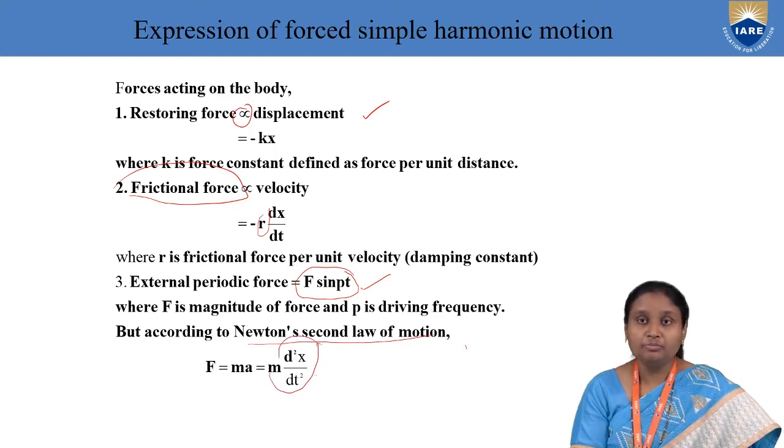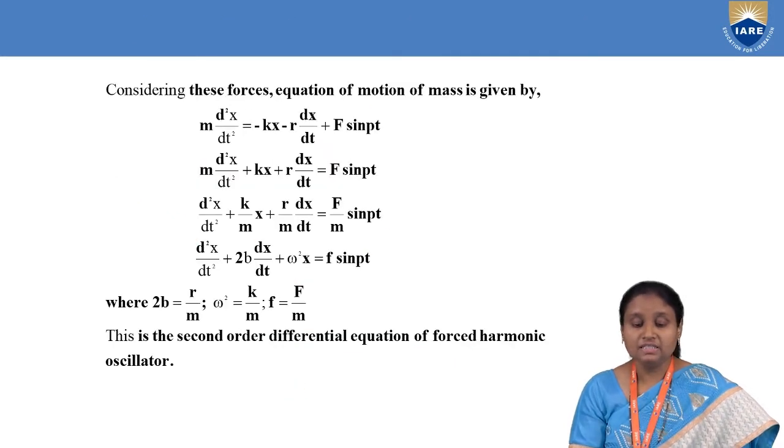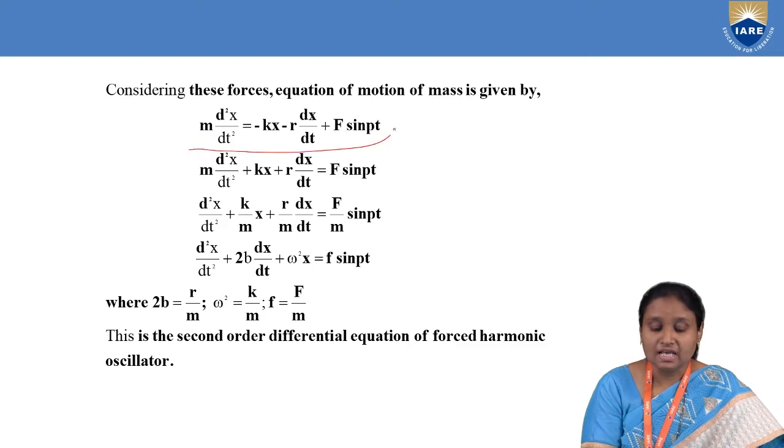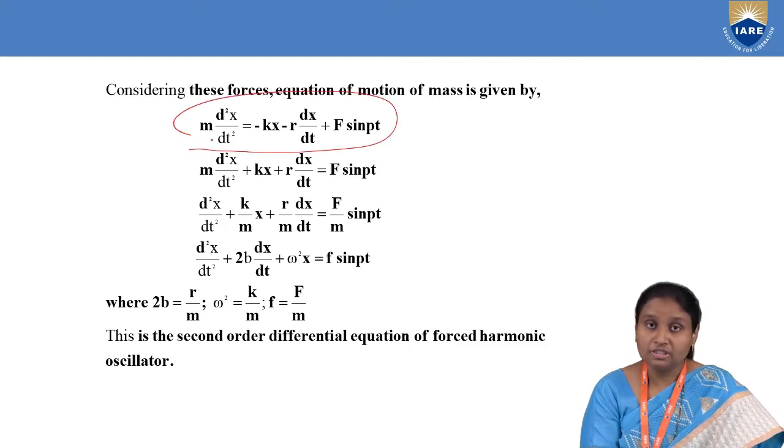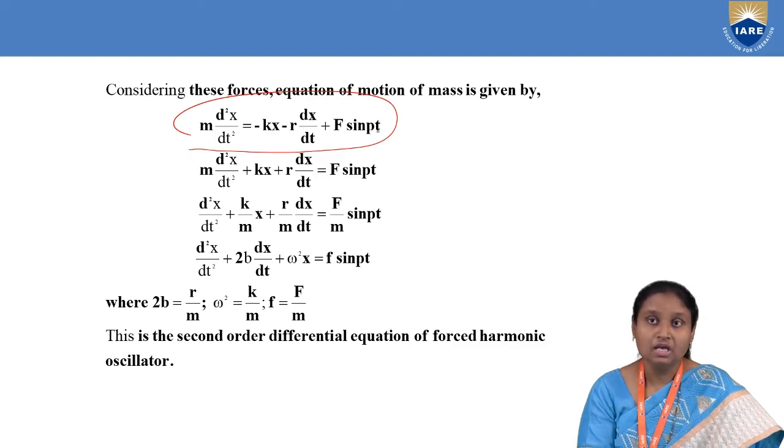If I balance these three forces with respect to this force, we end up with this expression: this one is the restoring force, this one is our damping or frictional force, and this is the expression for the external force.